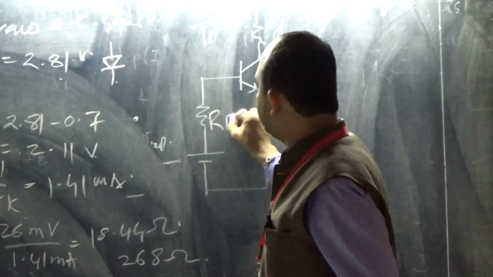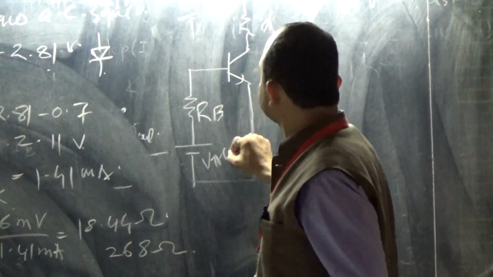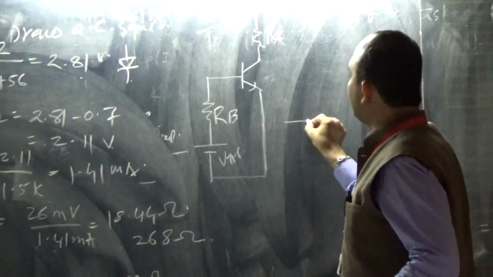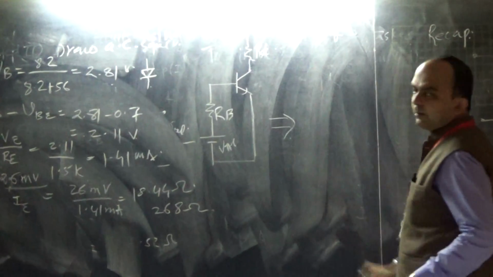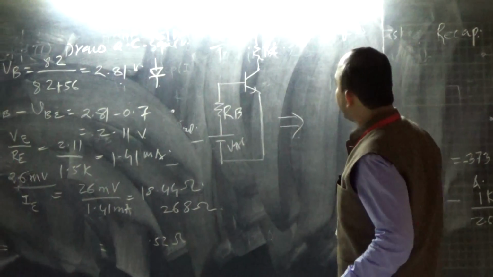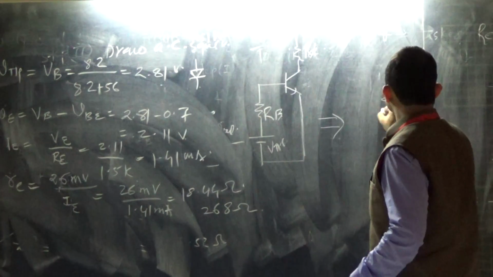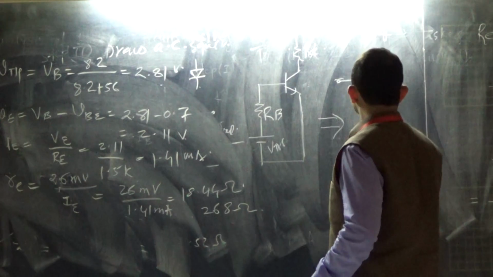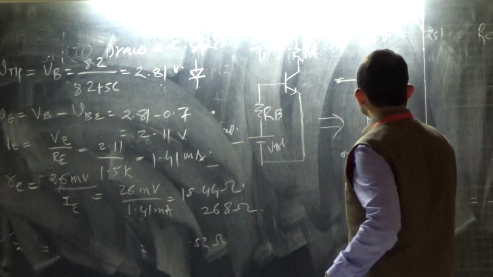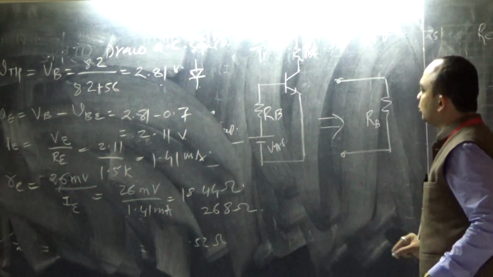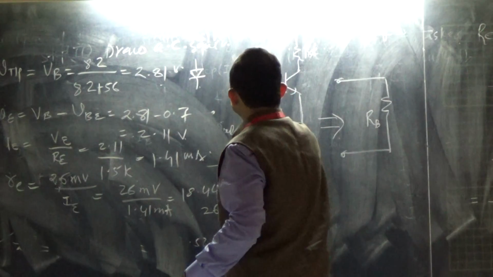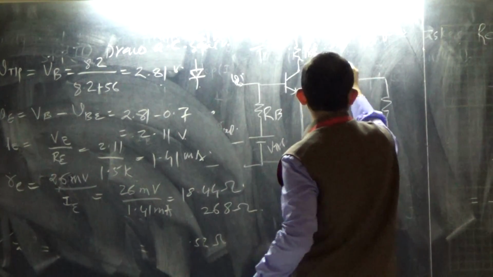So this is RB. This is VTH. RC, this is what we have drawn. Now, the AC equivalent circuit can be drawn from this. So this RC will come to this side, RB will be on this side, and the DC sources we are keeping at ground. Here, in the AC analysis, this is Vin.